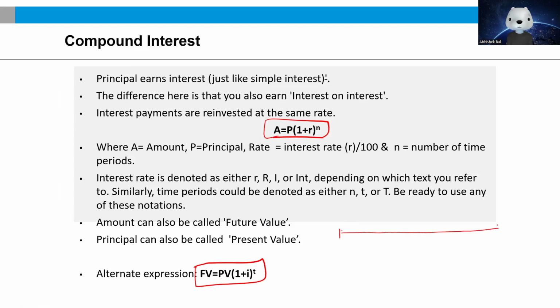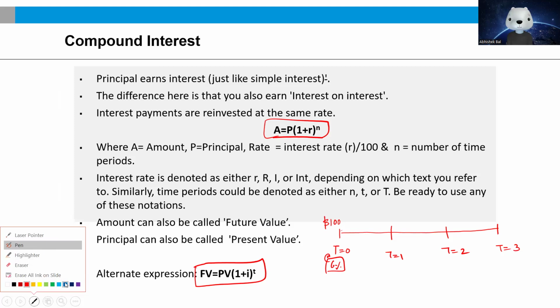So I'm going to take up 3 periods. You could take up any period of your choice. So let's say we are talking about 3 years in succession. And as before, I'm going to put in $100 out here. And our rate of interest remains fixed, that is a 6% flat rate of interest compounded over 3 years. So, naturally, at the end of the first year, this 100 would now have become 106.